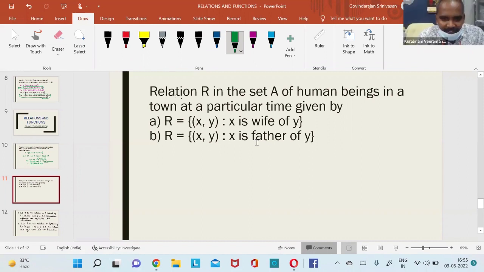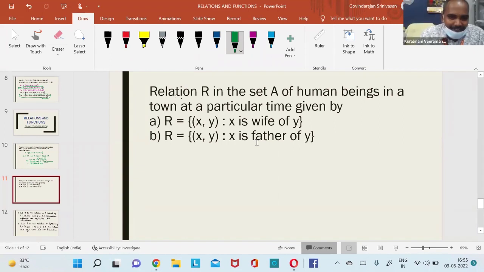X is the father of Y, which means X is the grandfather and Y is the son. Y is a father of Z, so only the grandson will come. In that case, it is transitive. Suppose any other case comes, if Y is a female.